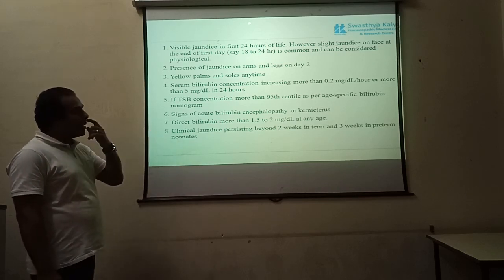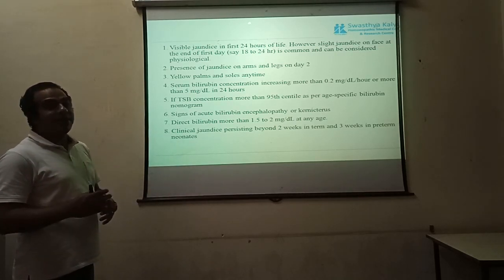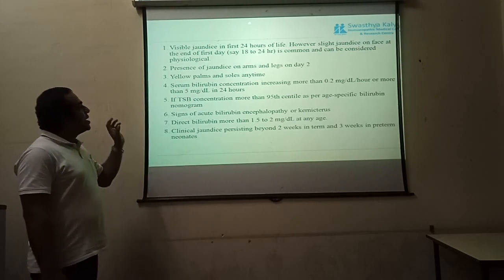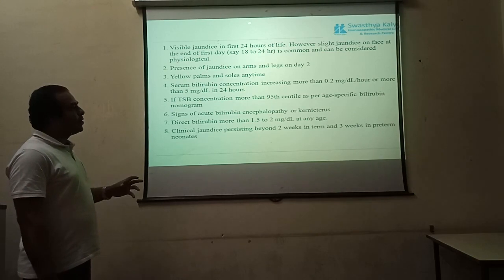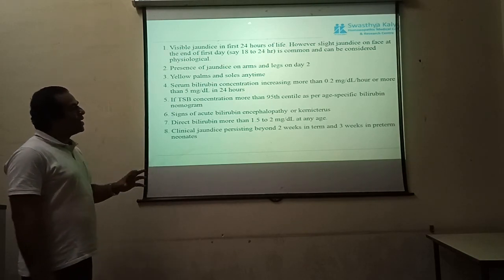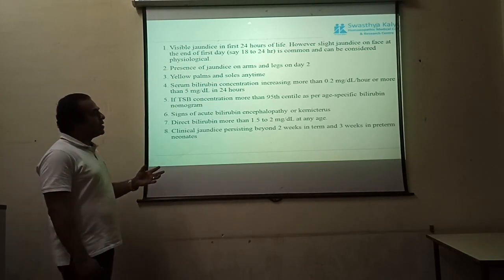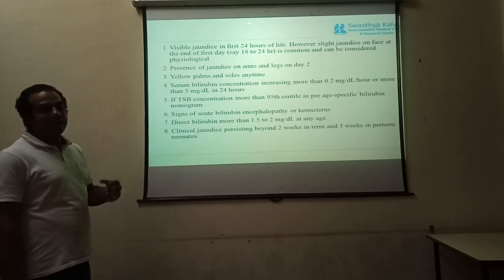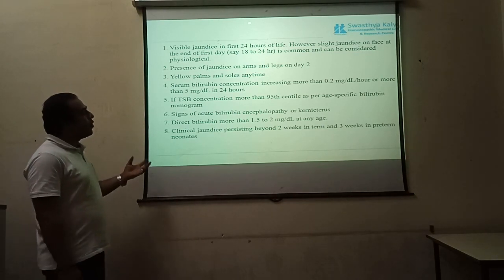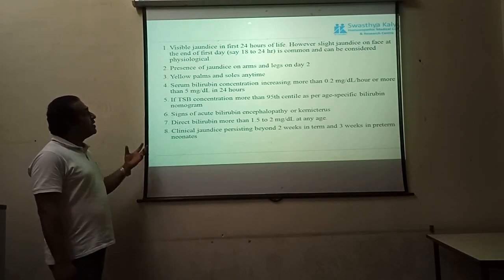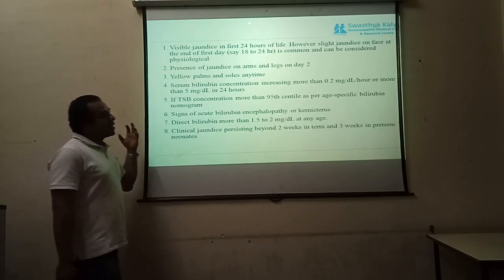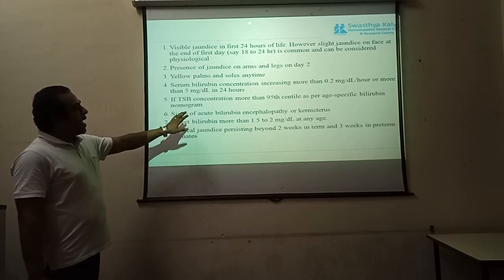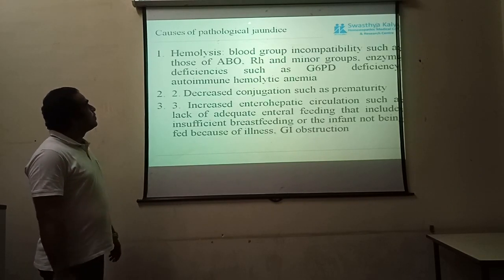Total serum bilirubin concentration more than the 95th centile as per age specific bilirubin nomogram, sign of acute bilirubin encephalopathy, direct bilirubin more than 1.5 to 2 milligrams per deciliter, clinical jaundice persisting beyond 2 weeks in term and 3 weeks in preterm neonates are all causes for pathological jaundice, in which the visible sign can be kernicterus, which is a sign visible as a part of encephalopathy.